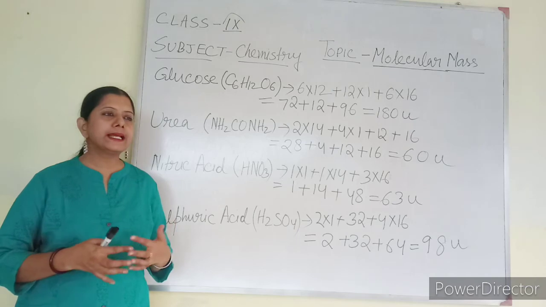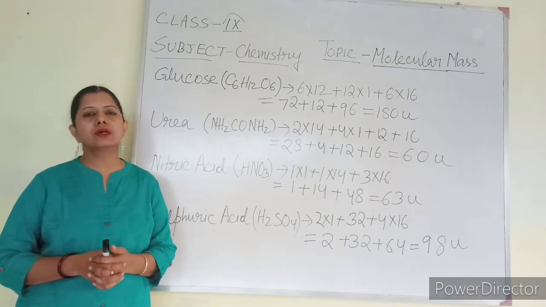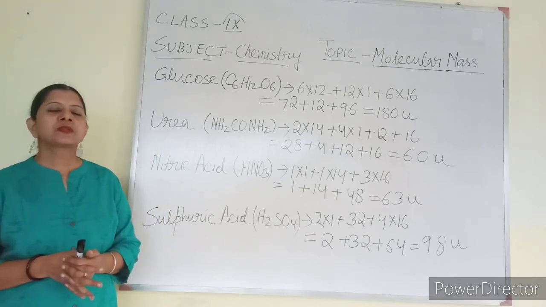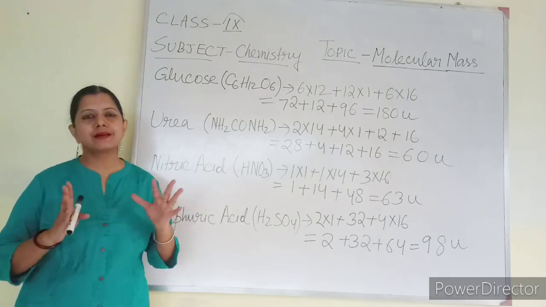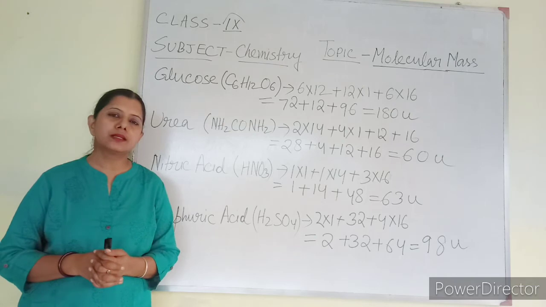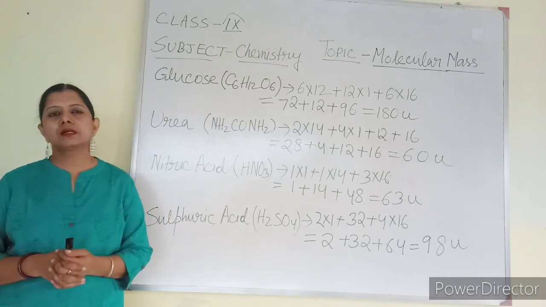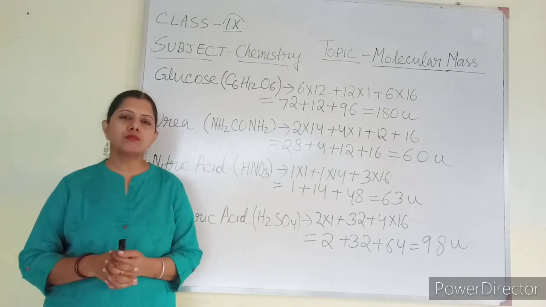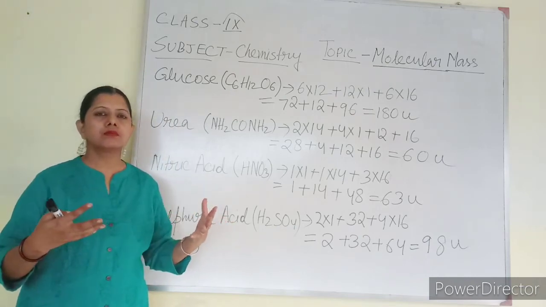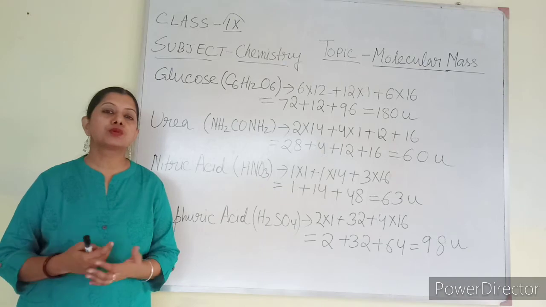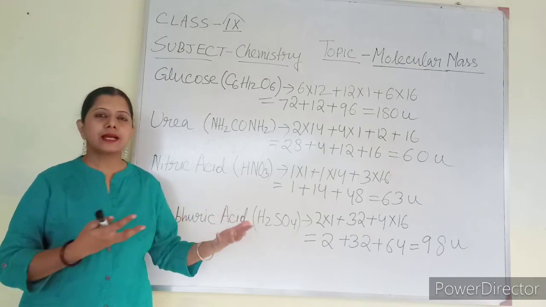Now a little bit of hint of covalent and ionic compound, you got it earlier. Covalent compounds are those compounds which are formed by sharing of electrons between the atoms. But ionic compounds are formed by complete transfer of electrons. They are formed by the attraction between the opposite ions, that is cation and anion.